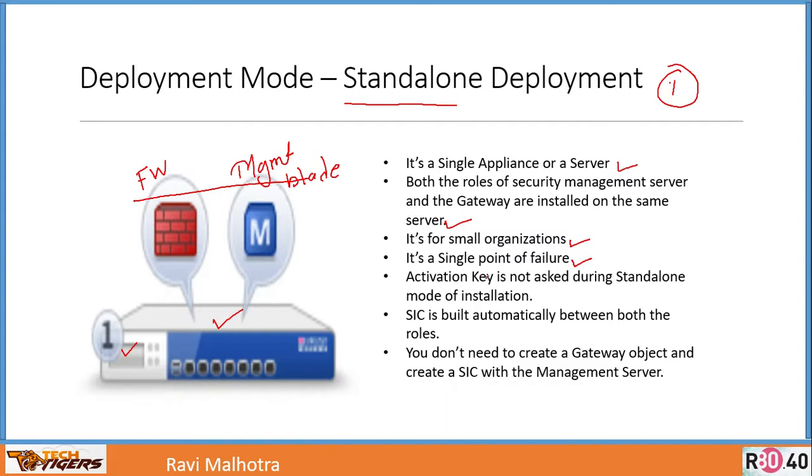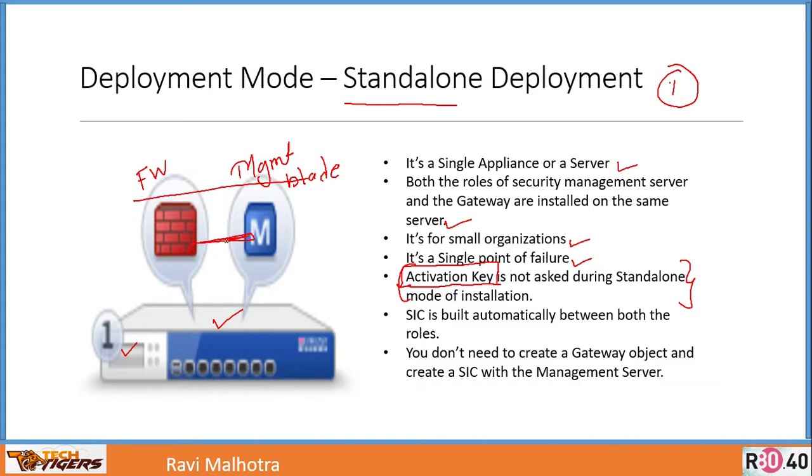That's true. Activation key is not asked during standalone mode of activation. Those who already have some experience will be able to understand this activation key, but for those who have not done it, I'm going to cover this in my next slide. Here, SIC is built automatically because the management server and firewall are integrated with each other.